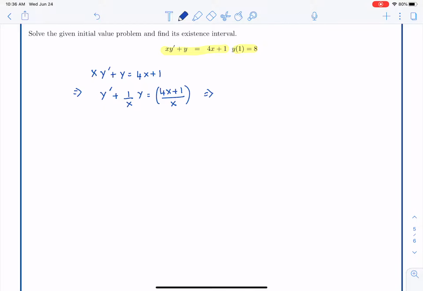Perhaps I'll rewrite this, even though it is not necessary. I'm splitting up because I have a common denominator, and that would reduce to 4 plus 1 over x.